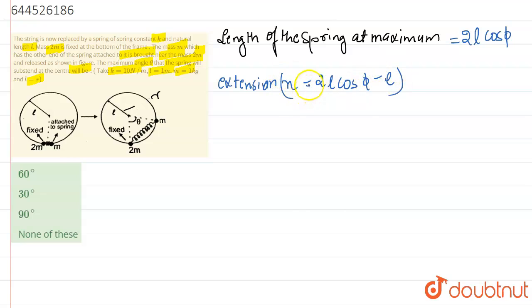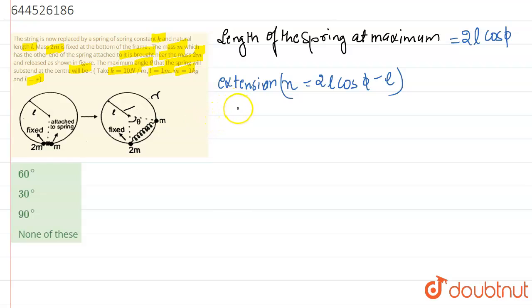Okay, so now what will be there? Now the initial potential energy of the spring is converted into the final potential energy of the spring and gravitational potential energy. Clear? Because gravitation is also acting.